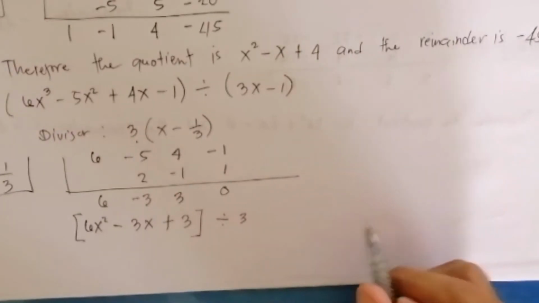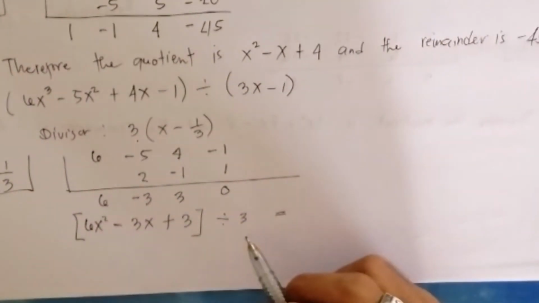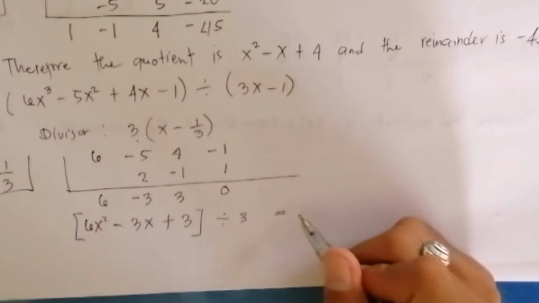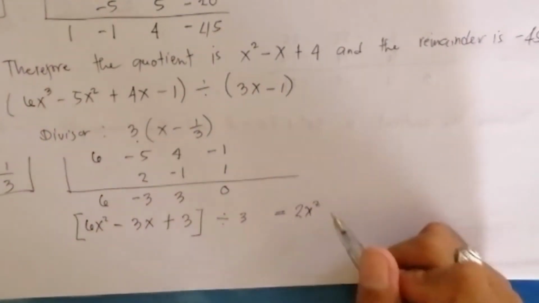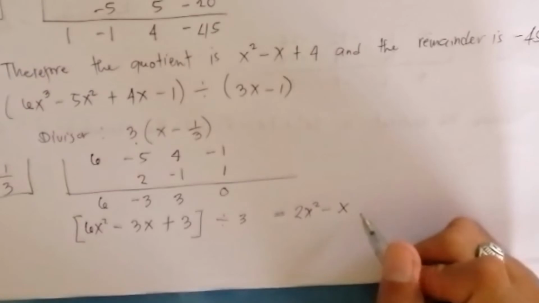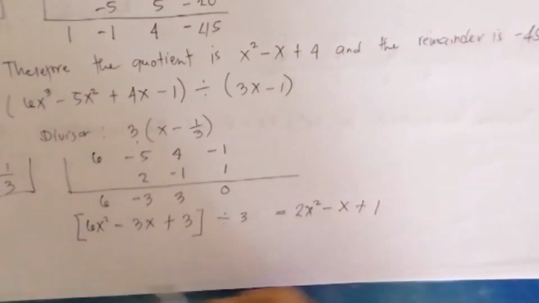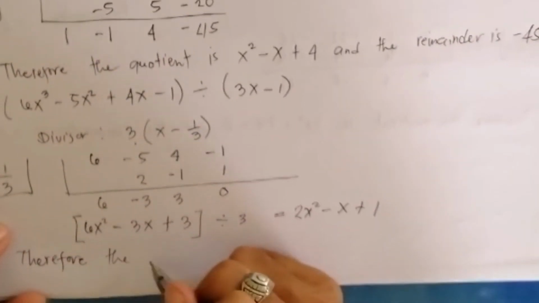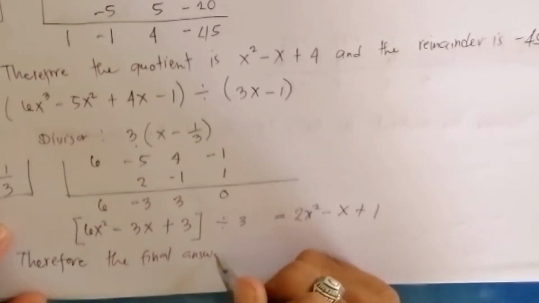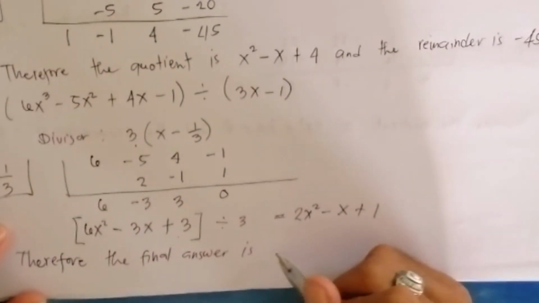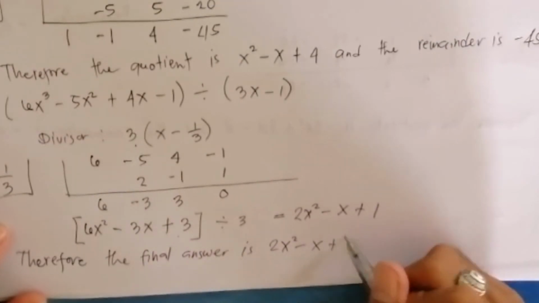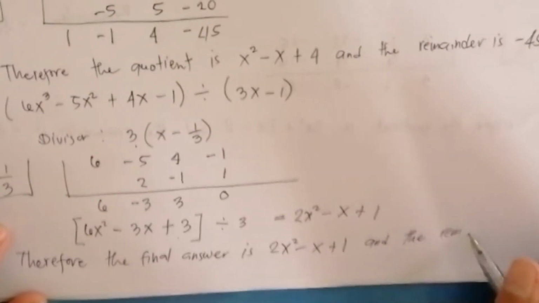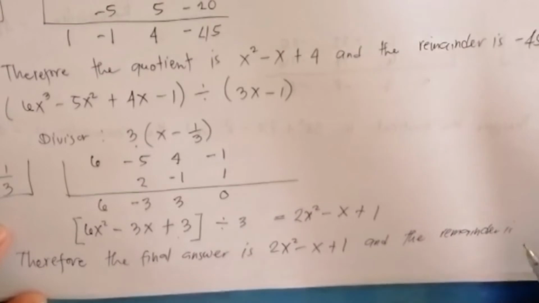So therefore the final answer is 2x squared, then x, and plus 1. So the final answer is 2x squared minus x plus 1, and the remainder is 0.